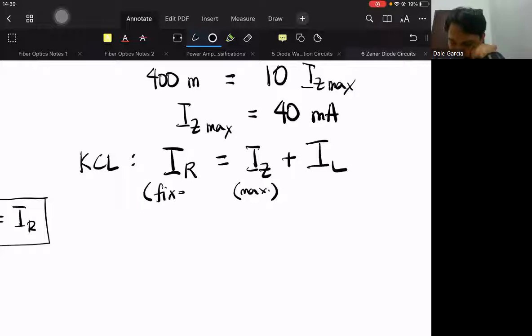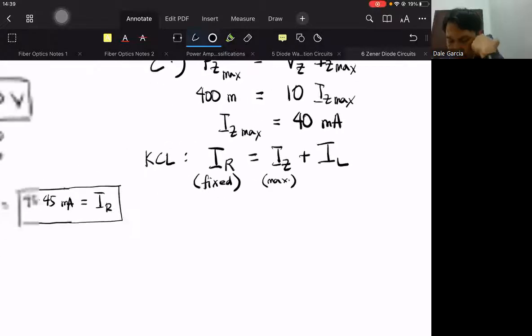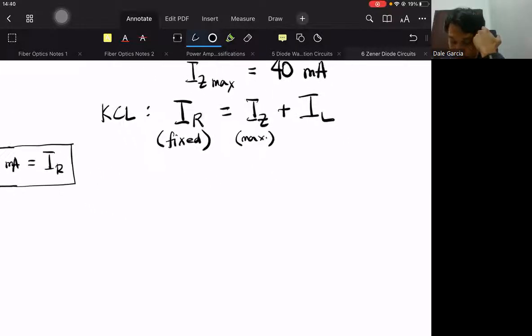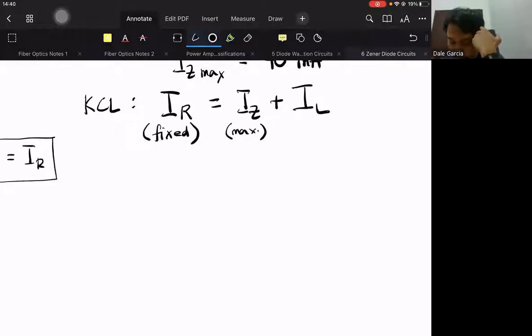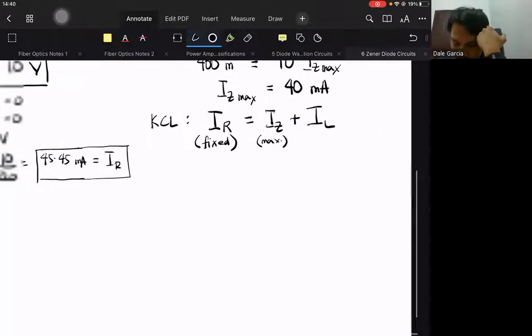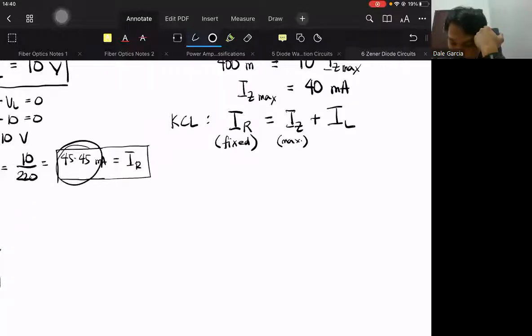So once the Zener conducts, the voltage across the source resistor is the one that is fixed. So how much is it? We'll use 45.45, which we obtained earlier. 45.45 milliamperes is equal to 40 milliamperes for IZ plus IL.